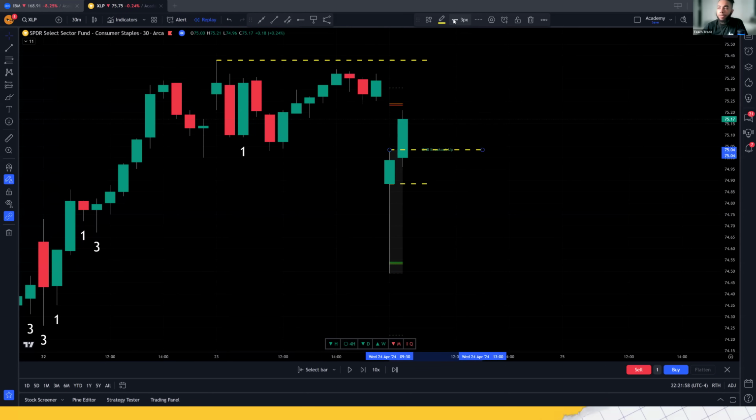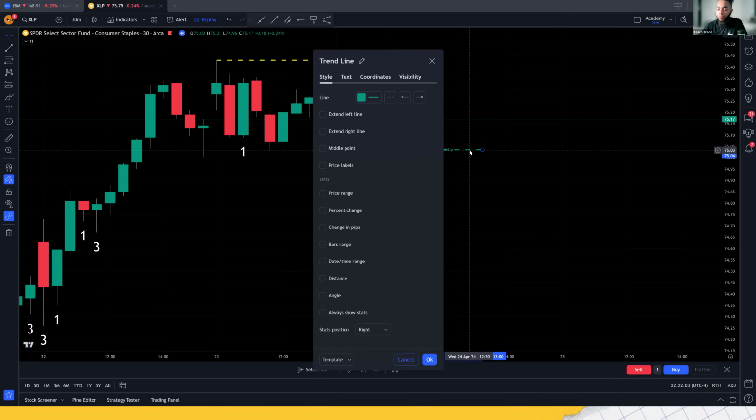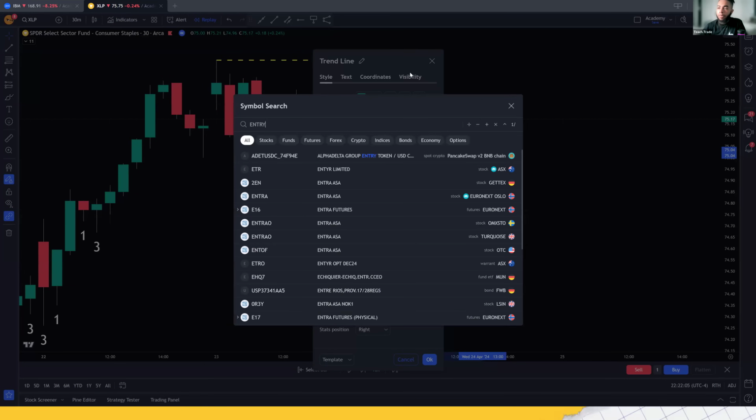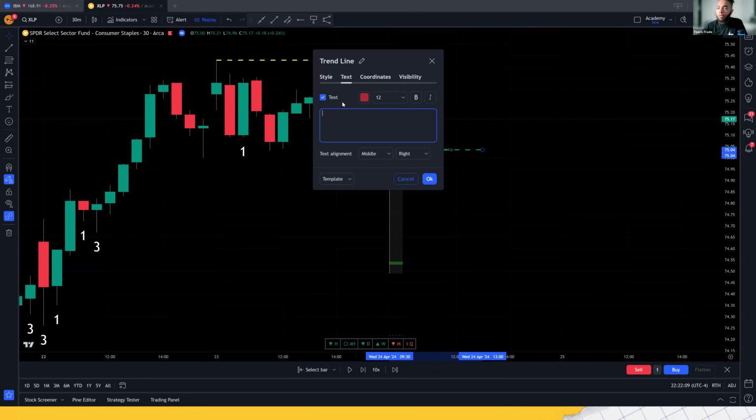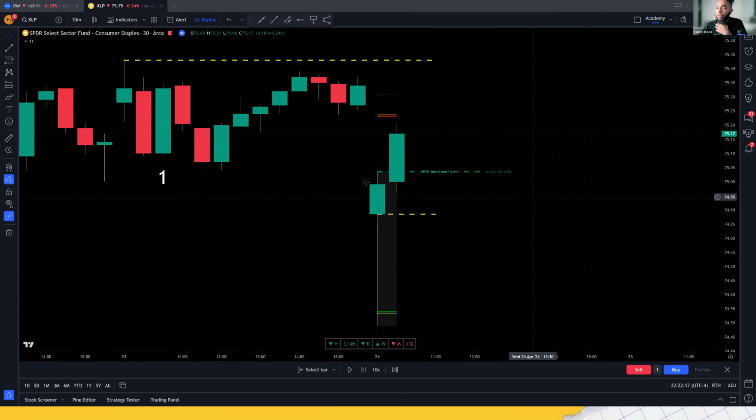Your entry for calls would be right here. I'm going to write it down. So the moment the second candle breaks above the high, that's your moment for calls.